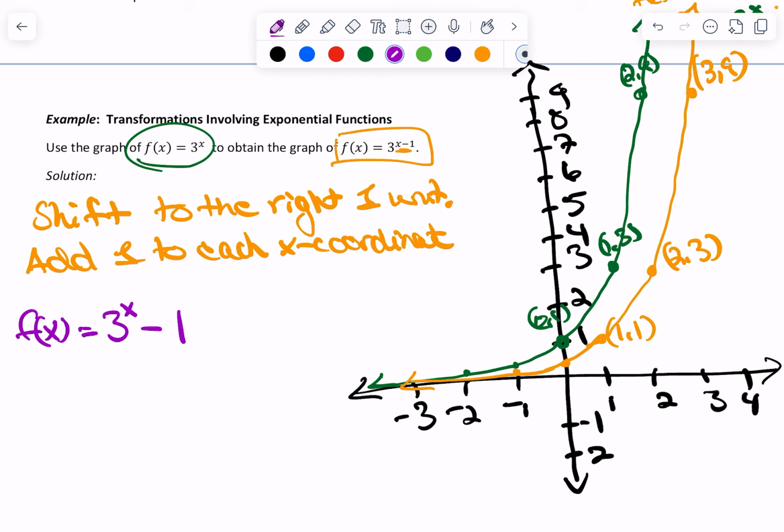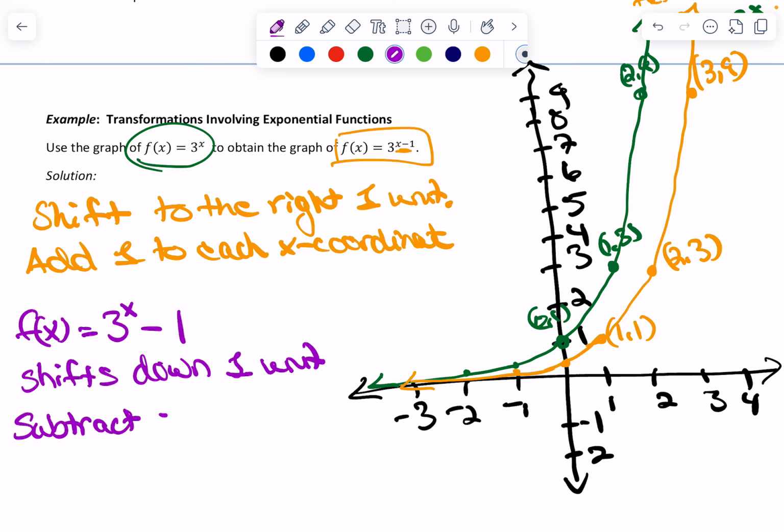So the minus 1 is not with the x, it's with the 3 to the x. This means that we are shifting down 1 unit. So we are subtracting 1 from each y coordinate.